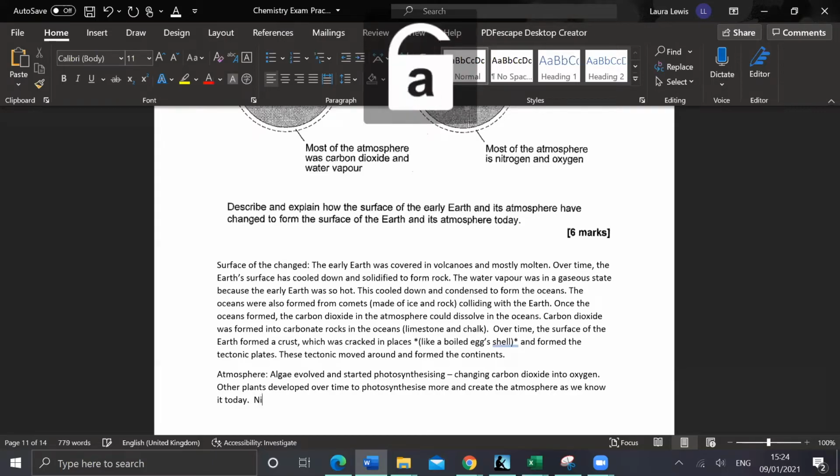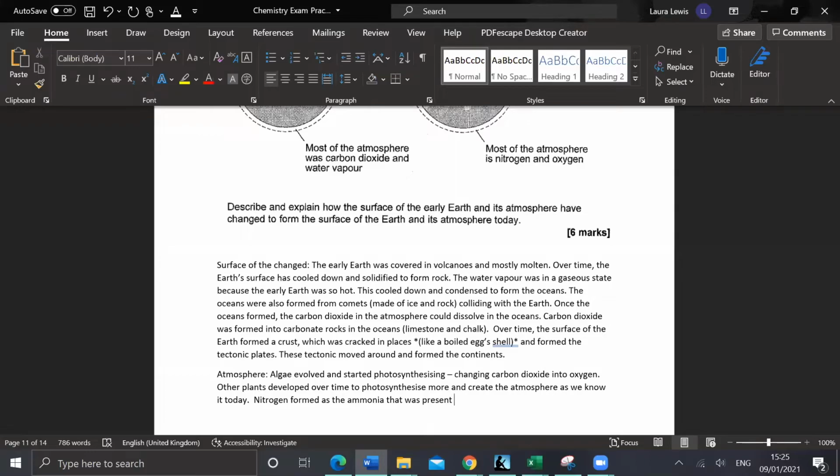The nitrogen formed as the ammonia that was present. There's a little bit of extra information here that's not been told up there.